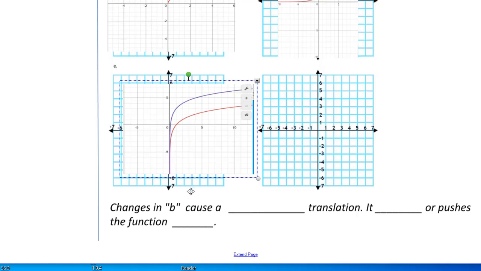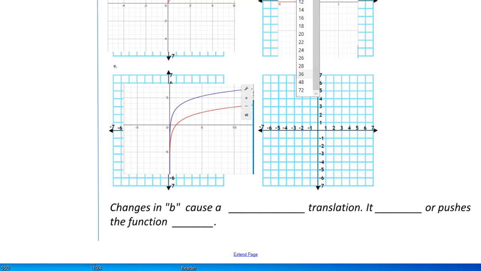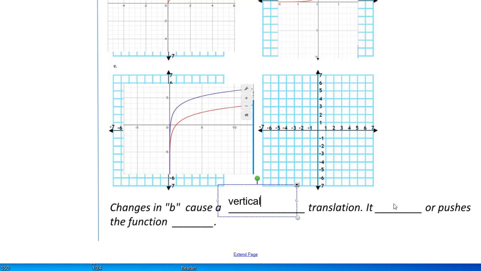Okay, so changes in b, let's answer these questions. Cause a vertical translation. All right, so let me just put this here. Changes to b, and I can put in here a vertical translation. Right? And it either lifts up or pushes the function down.